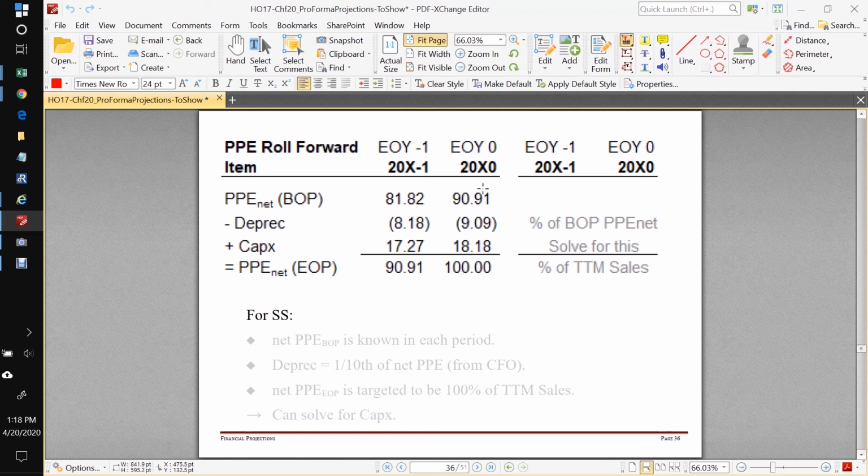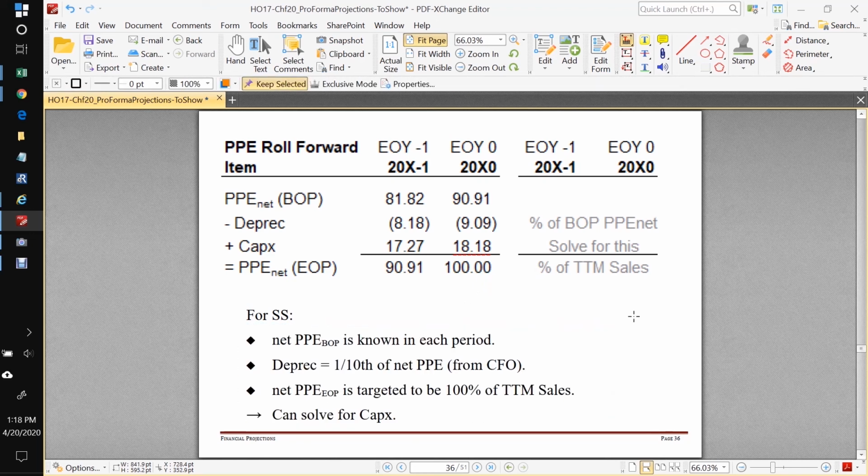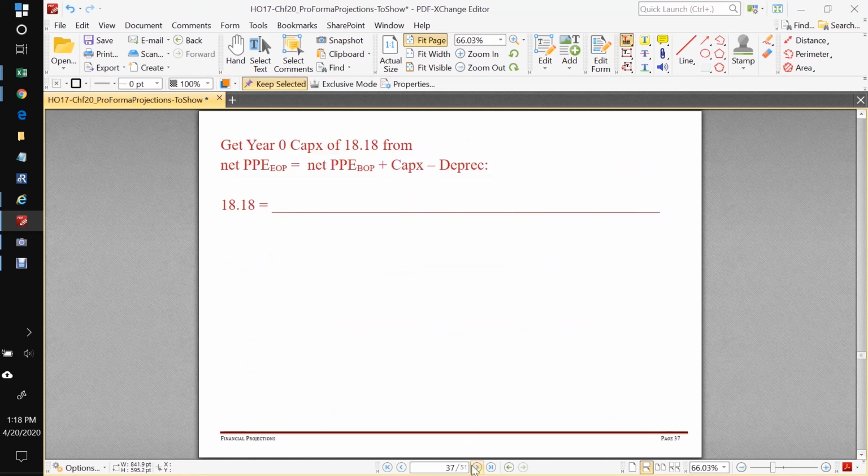So in this case with Sahali, they know where they want to be, they know what depreciation is, and they solve for the amount of CapEx they have to spend to make this true, to hit their target for net PPE at the end of the year. So they can solve for their CapEx, and they're going to do that using the roll forward equation.